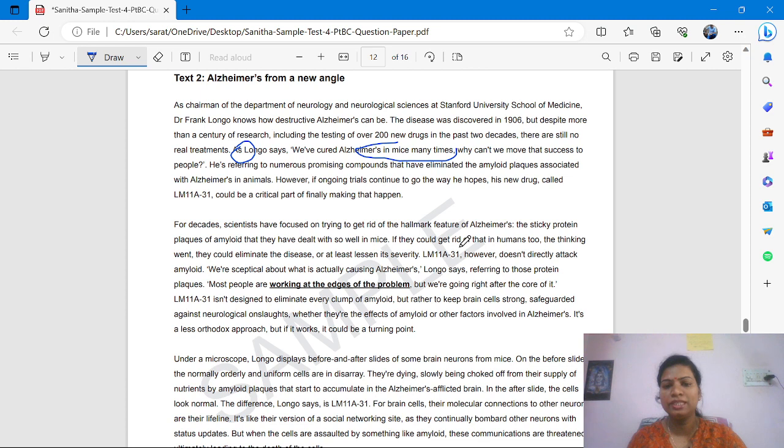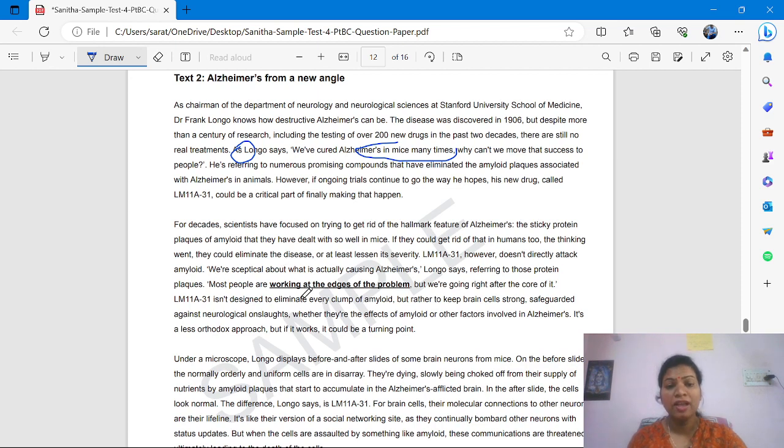If they could get rid of that in humans too, the thinking went, we could eliminate the disease or at least lessen its severity. LM11A-31, however, doesn't directly attack amyloid. "We are skeptical about what is actually causing Alzheimer's," Longo says, referring to those protein plaques.